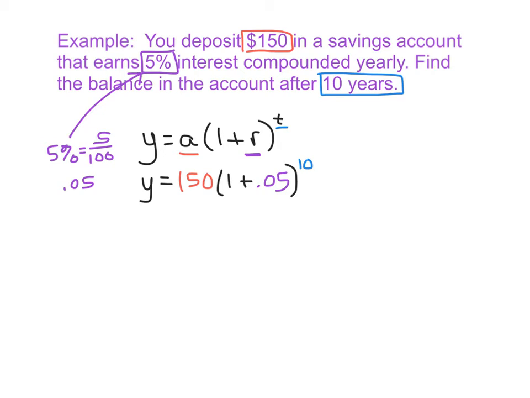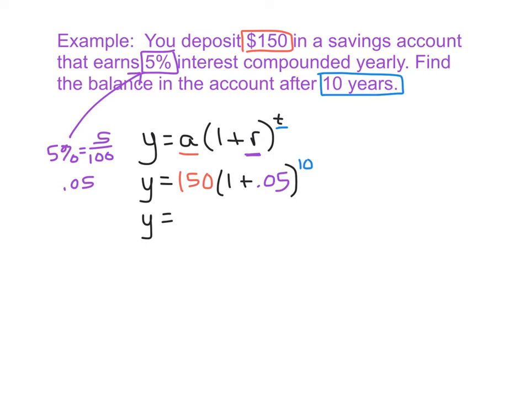Okay, so on most calculators you'd be able to just go ahead and compute this right now by multiplying 150 times, and make sure you use your parentheses, 1 plus 0.05, and then close the parenthesis and then raise that to the 10th power. Okay, so we'll go ahead and try that on our calculators.